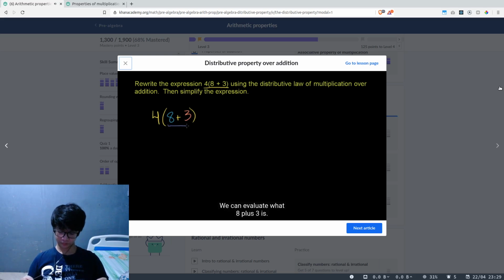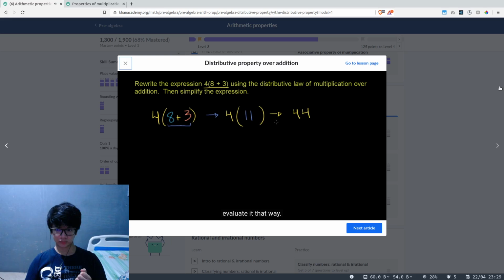We can evaluate what 8 plus 3 is. 8 plus 3 is 11. So if we do that, we get 4 times, and in parentheses, we have an 11. 8 plus 3 is 11. And then this is going to be equal to, well, 4 times 11 is just 44.